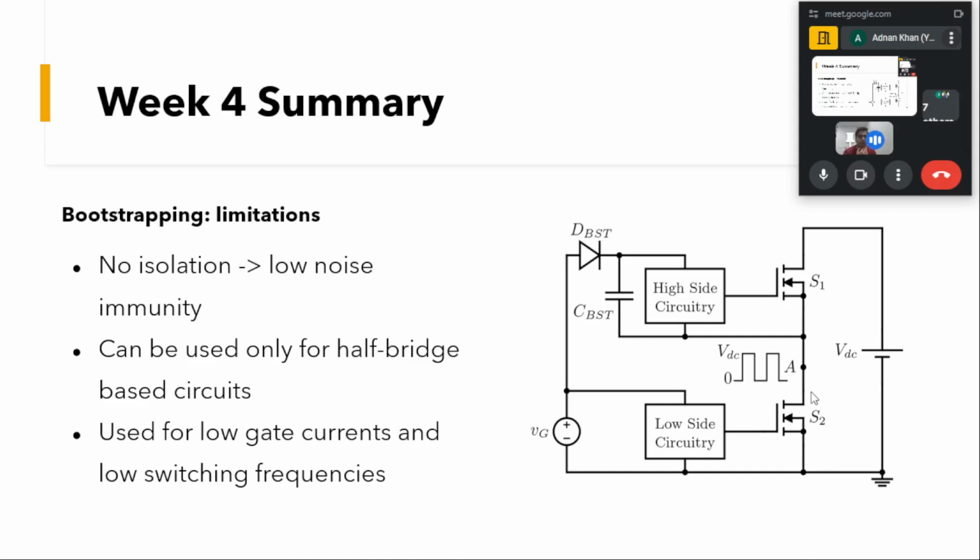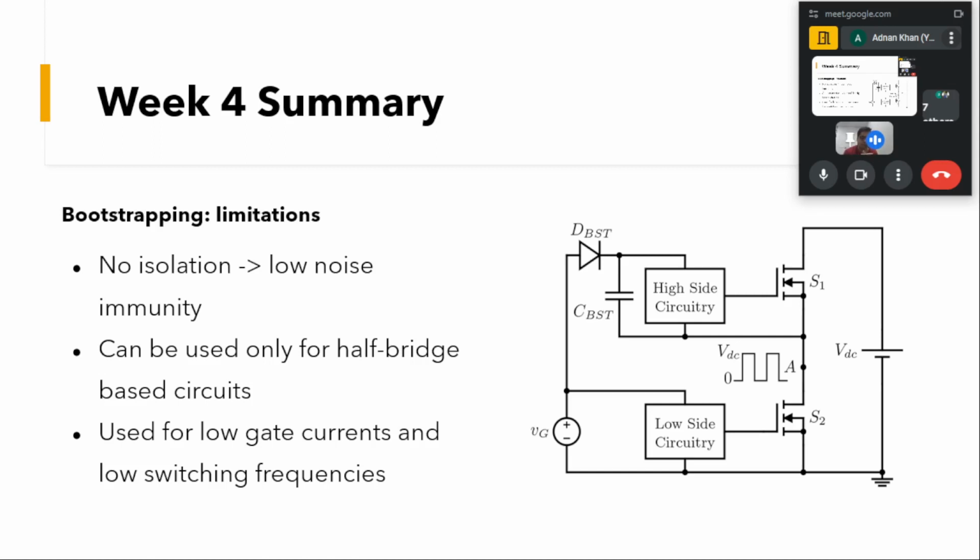We can have our bottom device as a diode as well, and that has also been discussed in the course, so you can go through the transcript as well as the lectures to see how it works.